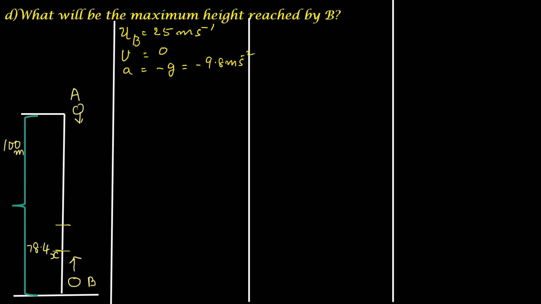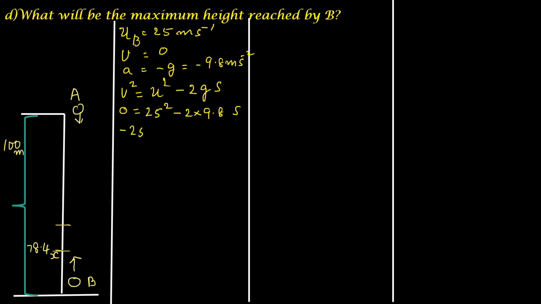We will use the formula v square is equal to u square plus 2as, which becomes v square is equal to u square minus 2gs, where u square is 25 square minus 2 into 9.8 into s. v square is equal to 0.